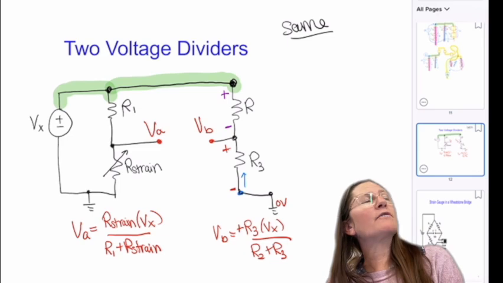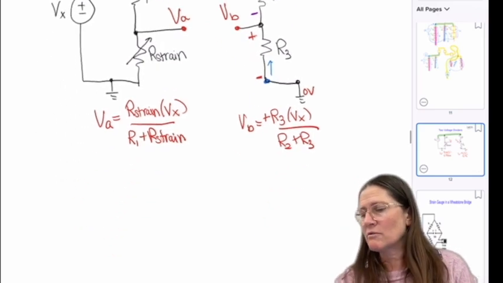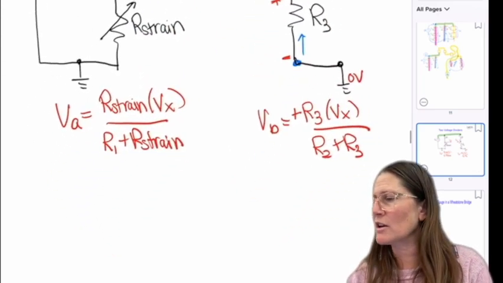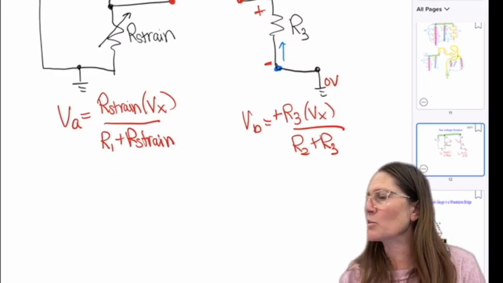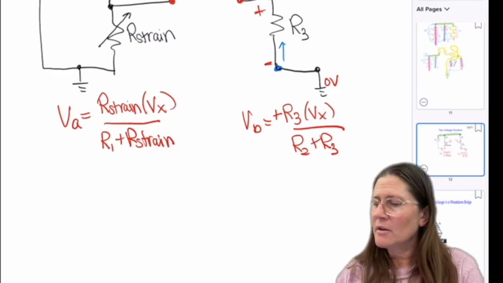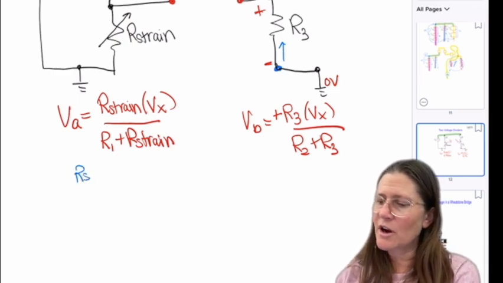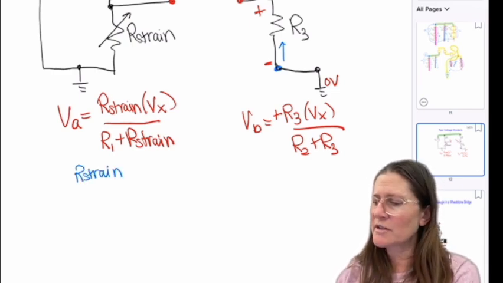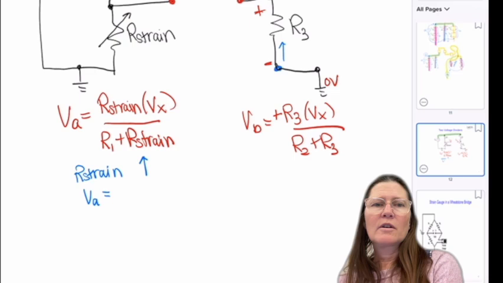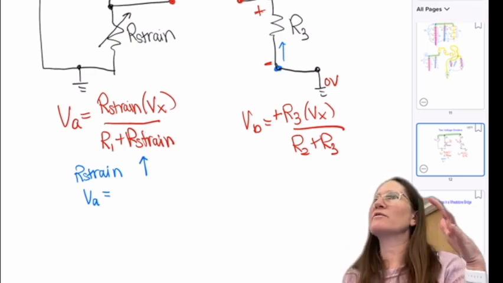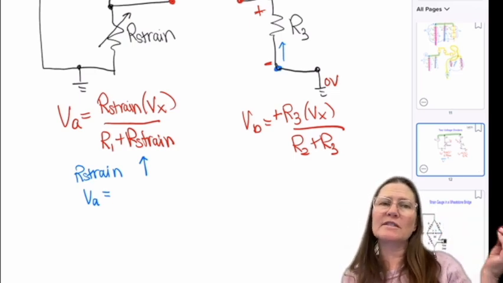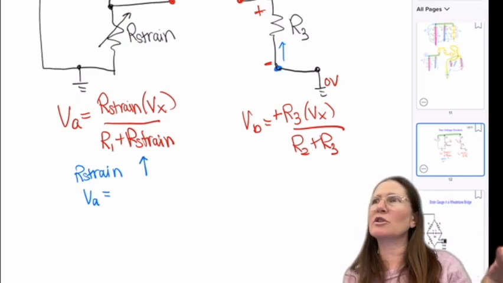Now, say our strain increases, what happens here? Say our strain increases in value from a base value. Then I'm most likely going to increase VA.